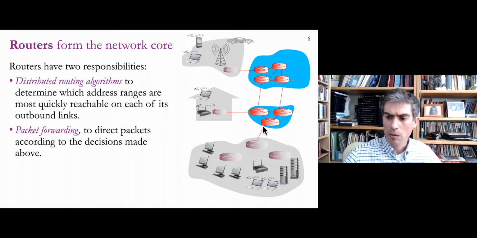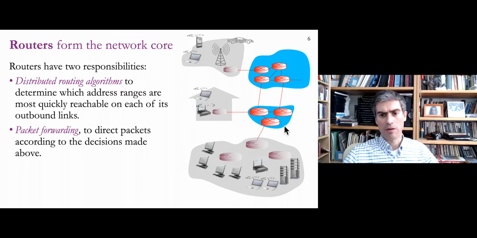But what I want to point out at a very high level is that these internal routers, these routers at the core, are responsible for just forwarding traffic from other users. They have two responsibilities. One is to figure out what the best paths are to use.